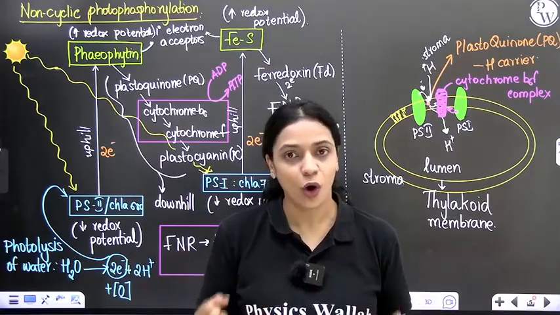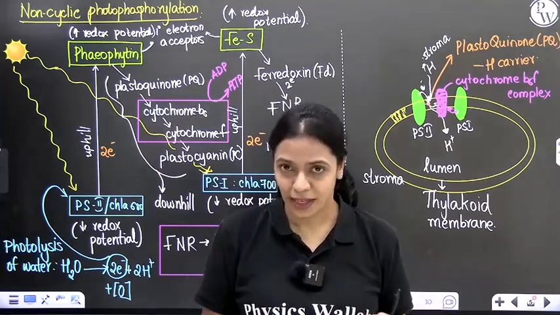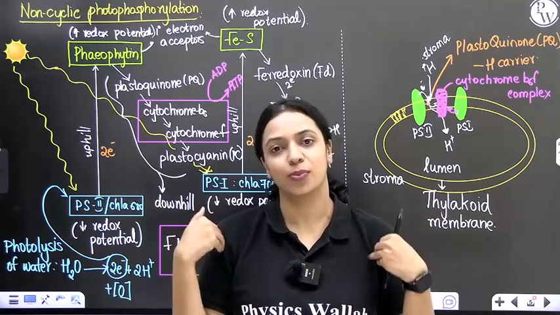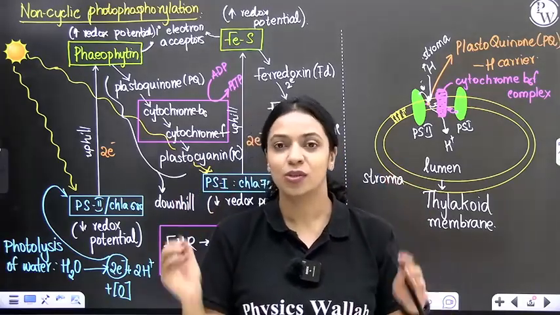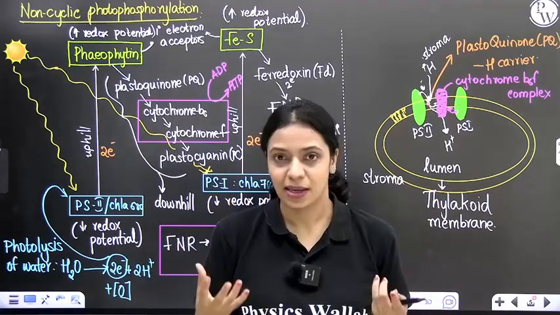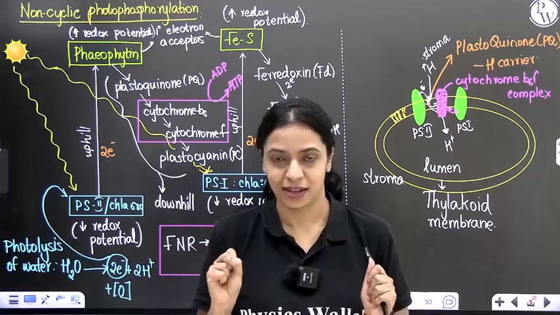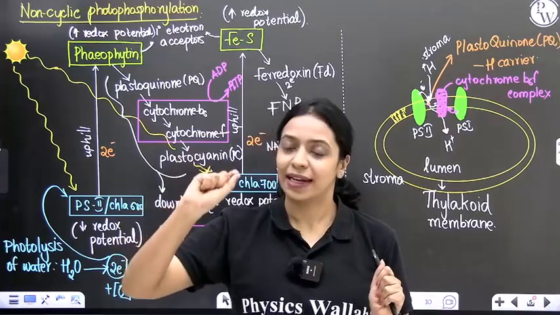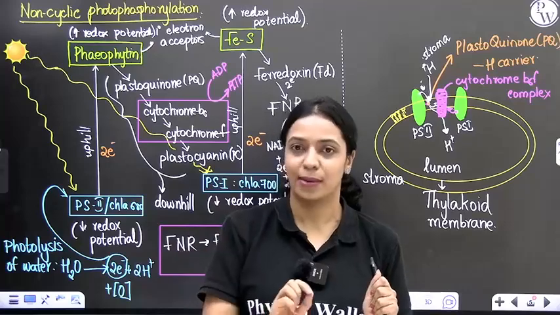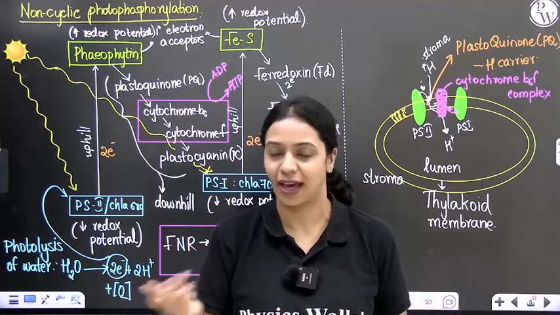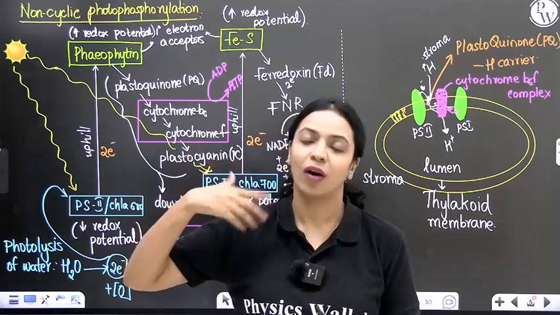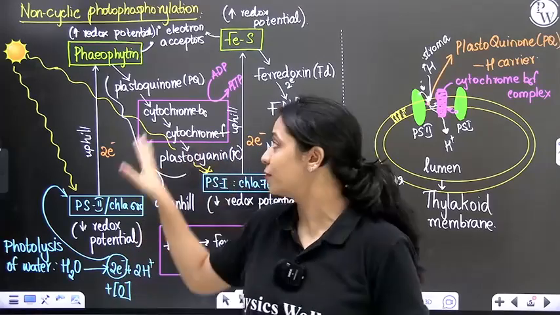By making use of all of this energy, from the magnesium in chlorophyll A of both these photosystems, 2 electrons will get excited. 2 electrons will leave the magnesium atom and escape. These electrons are accepted by electron carriers. Whichever accepts the electron from the reaction center first is called the primary electron acceptor, or you can call it the primary electron carrier as well. The primary electron acceptor for PS2 is pheophytin.